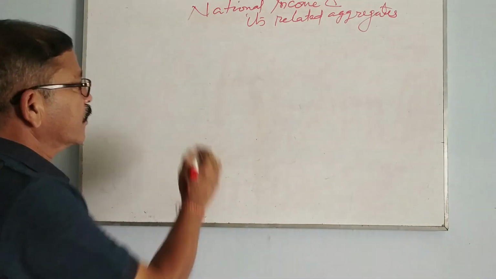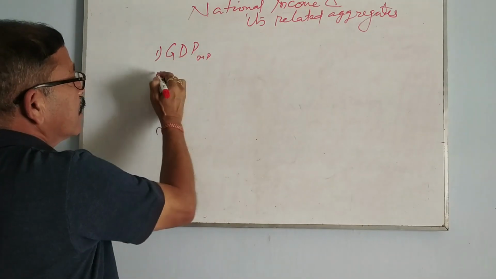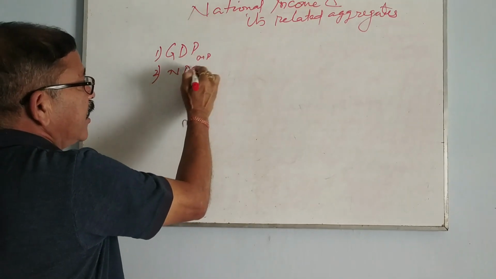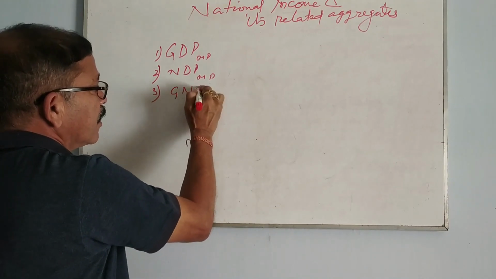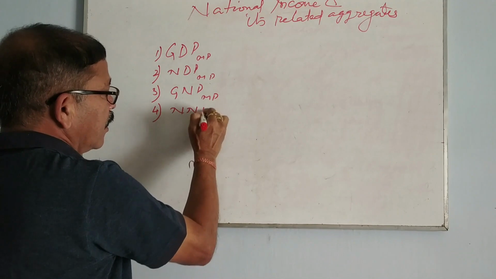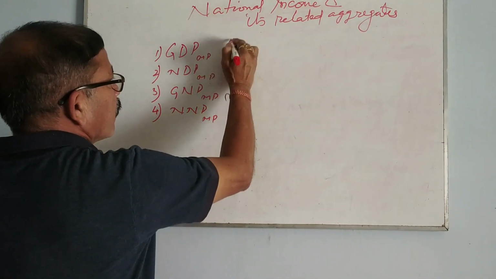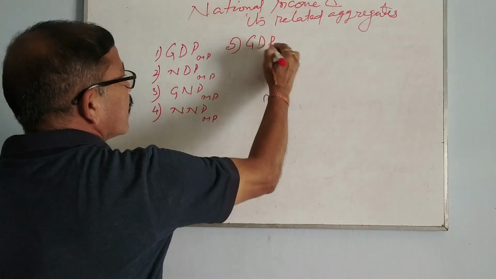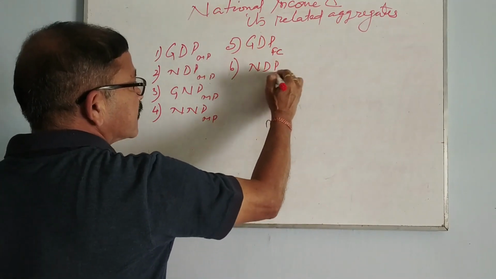What are they? Number 1, GDP MP. Number 2, NDP MP. Number 3, GNP MP. Number 4, NNP MP. Then number 5, GDP FC. Number 6, NDP FC.